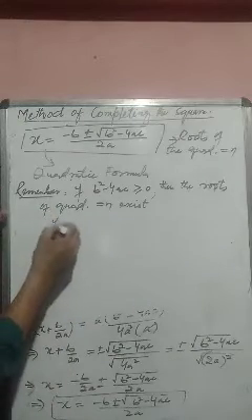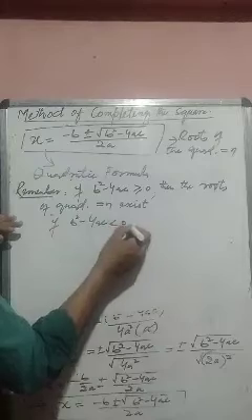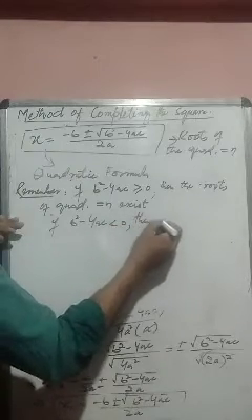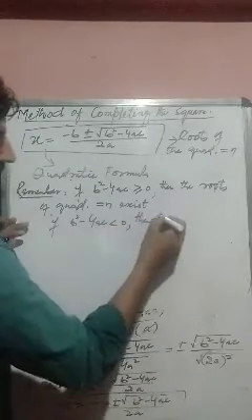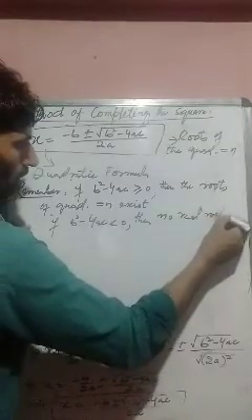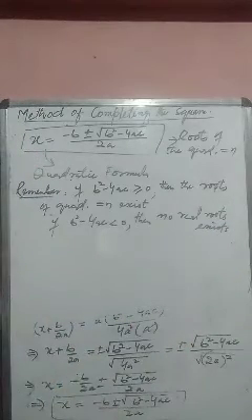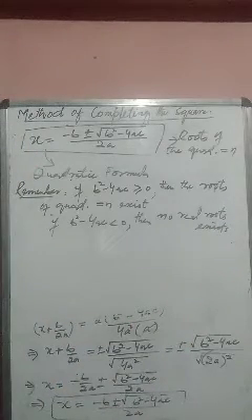And if this b square minus 4ac is less than 0, then the given quadratic equation will have no real roots. Then no real roots exist for the given quadratic equation.